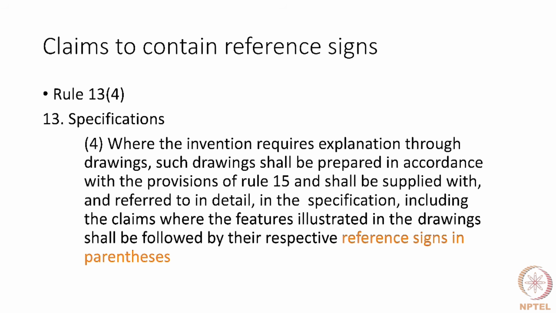So if your invention is for a pen and there is a nib in the pen which has been marked as 7, when you mention nib in the claim, it has to be followed by 7 in parentheses. We will be showing you examples. You would have already seen the Bajaj TVS case, the patent that was involved in the Bajaj TVS case, where this point was shown.